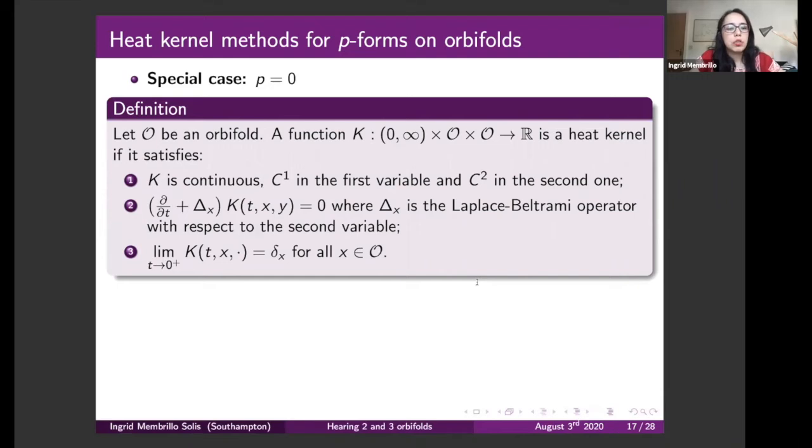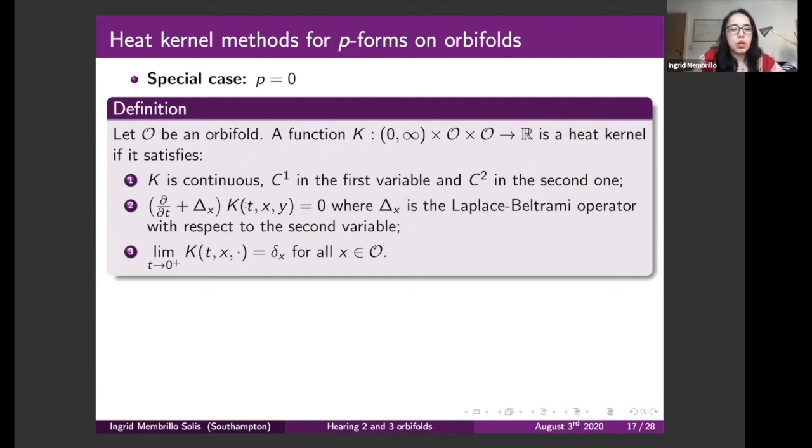Let O be an orbifold, and then a function K from this domain to R is a heat kernel if it satisfies the following conditions. K will be continuous, C1 in the first variable and C2 in the second variable.